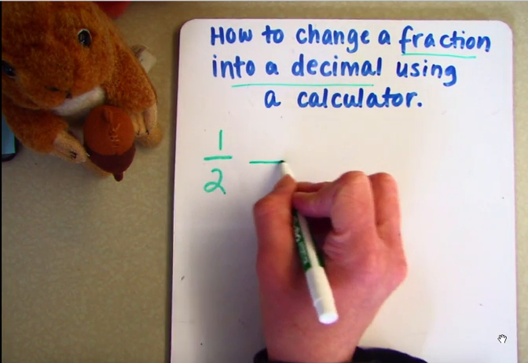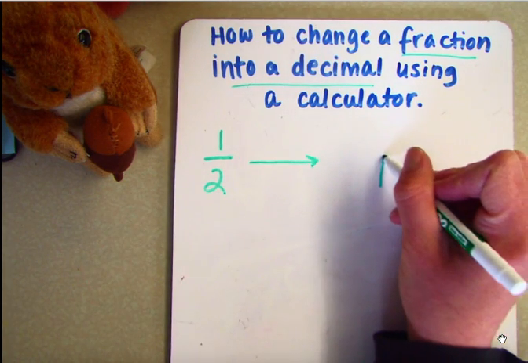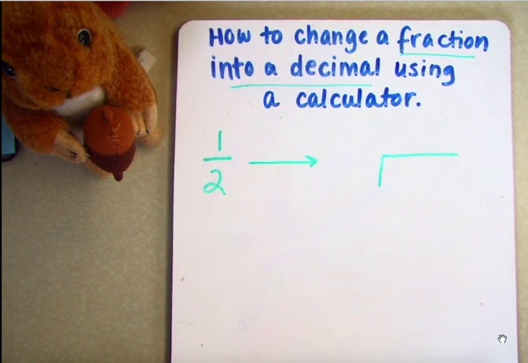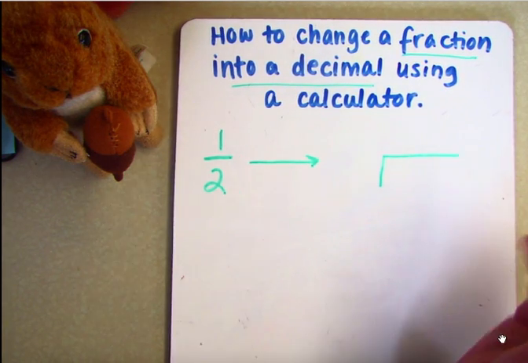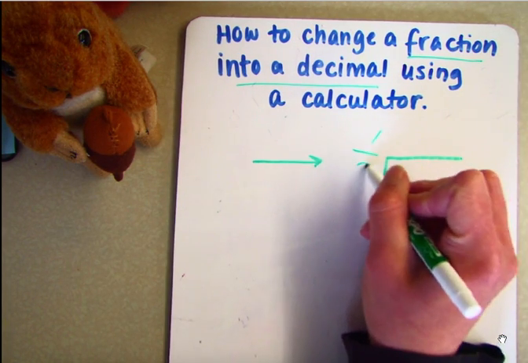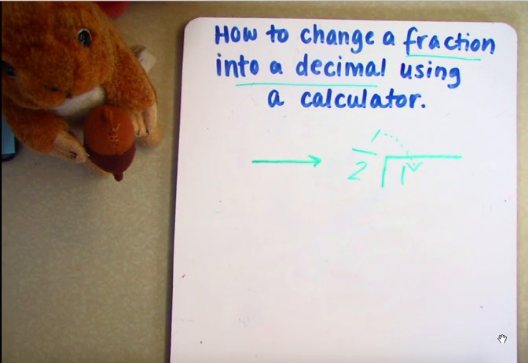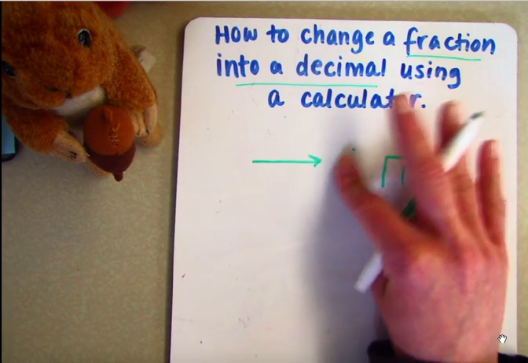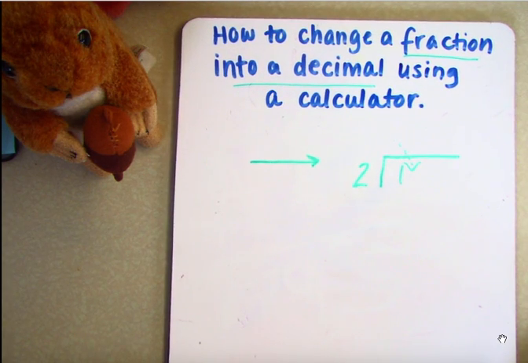And so if you ever have to do this by longhand, what you can do is draw a little fraction house, or a division house, sorry. And if you remember from the one video, if you tilt it sideways, the numerator just falls into the fraction house, or the division house, and the denominator ends up outside the house.